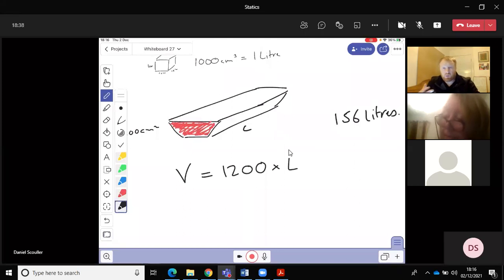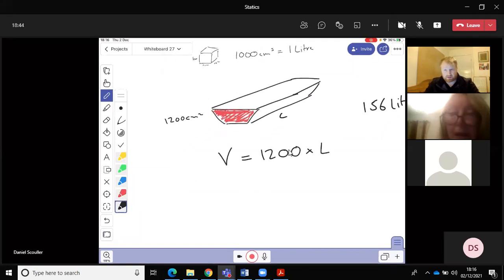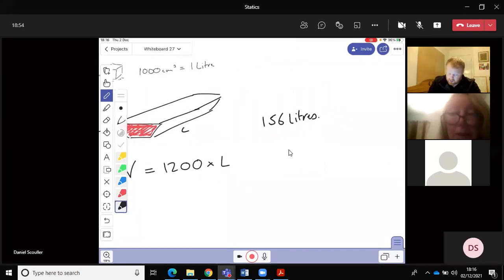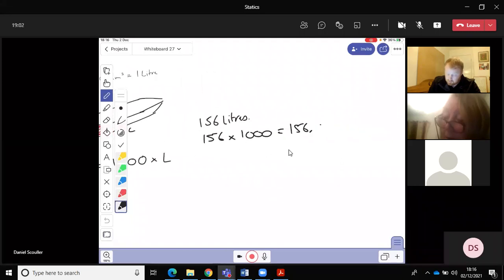We couldn't use 156 litres in this calculation, we'd have to convert it to centimetres cubed. So it'd be 156 times 1000, which is 156,000.